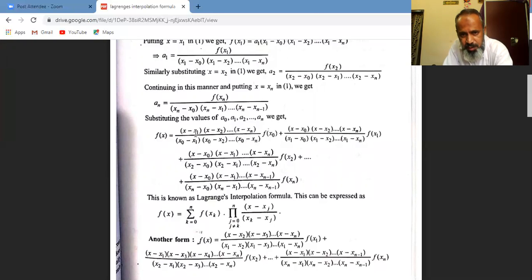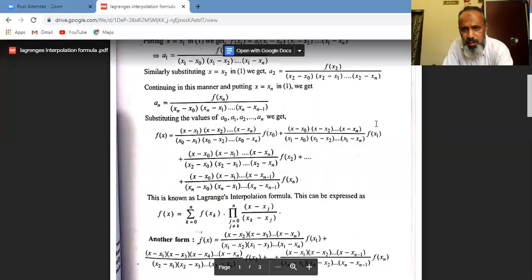So x minus x1, x minus x2, x minus x3, dash dash, x minus xn, by x naught minus x1, x naught minus x2, x naught minus xn, into, when we take k is equal to 0, it becomes f of x naught. Similarly, by substituting k is equal to 1, k is equal to 2, k is equal to 3, we get this formula. So this formula is known as Lagrange's interpolating polynomial.